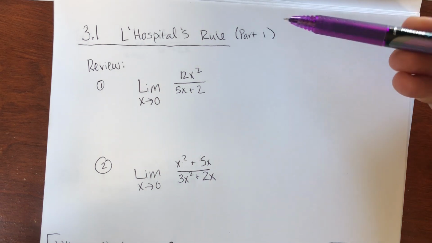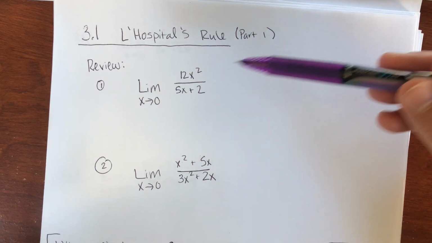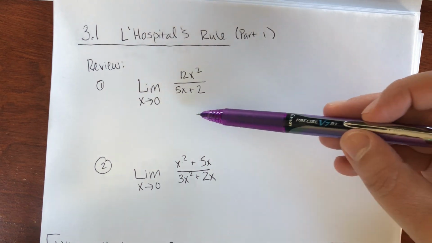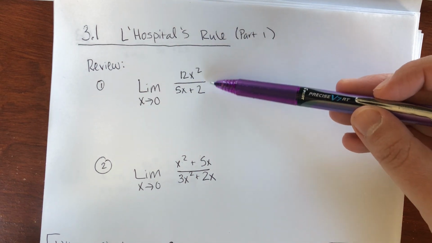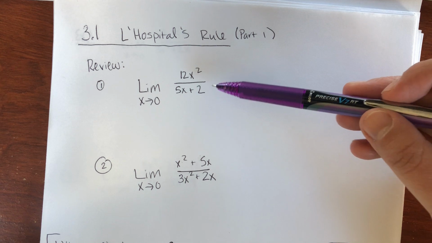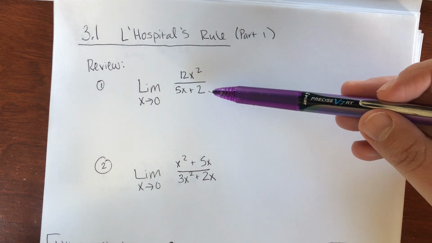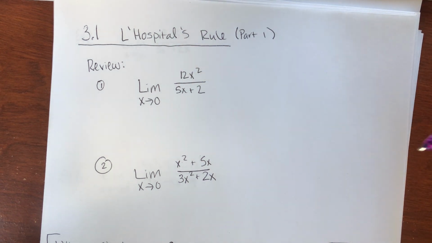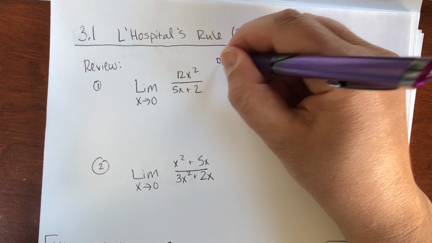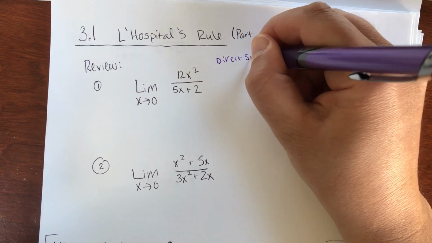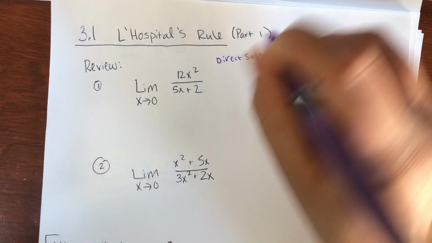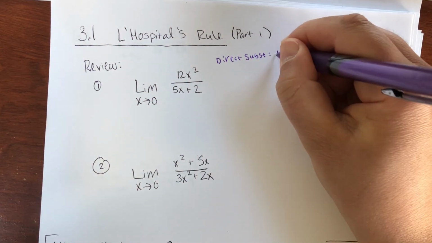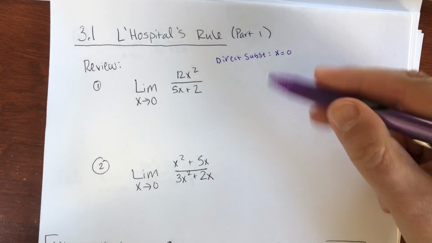Well, this is it. Okay, so as a review, if you wanted to take the limit of something like this, a rational function, 12x squared over 5x plus 2, as x goes to 0, we're looking for the behavior of the function near 0. Usually the first thing we would do is use direct substitution. In other words, we would plug in x equals 0, and if we get a real number, then we're done.